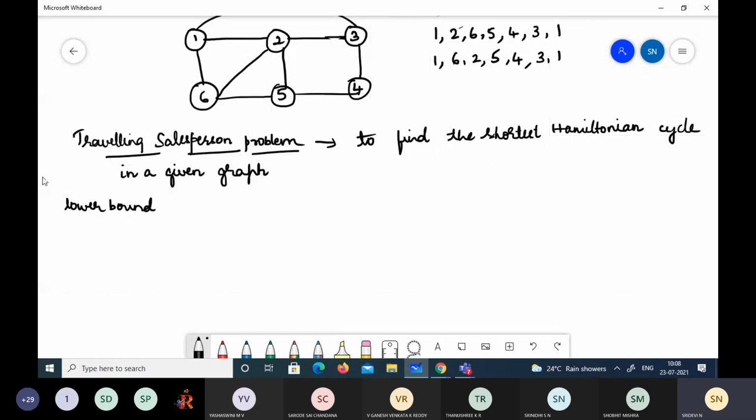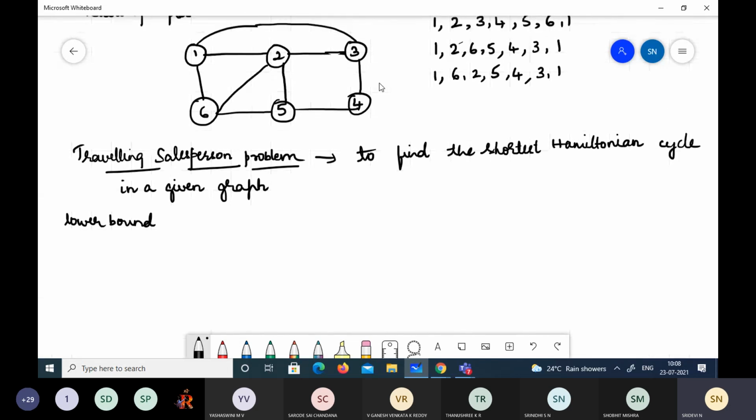If this is the graph, how do you find the lower bound? Suppose you have weights associated with it: 1, 2, 8. These are the different weights associated to reach different cities from A. For this vertex, we'll consider the two nearest cities and take the sum of these.